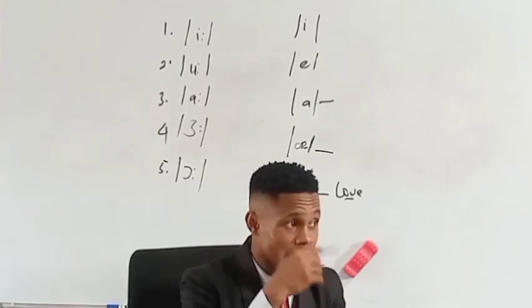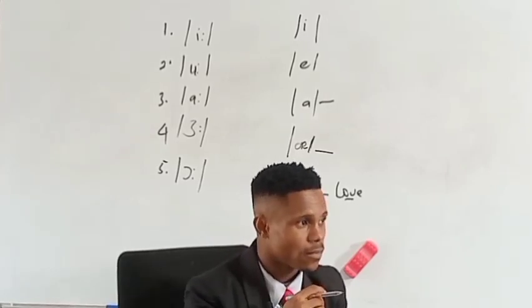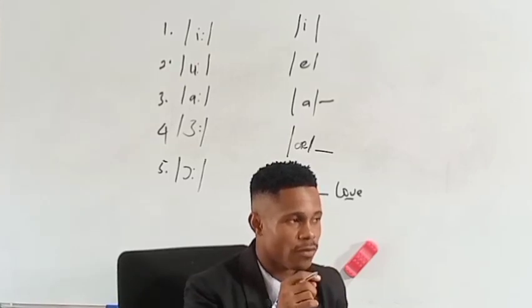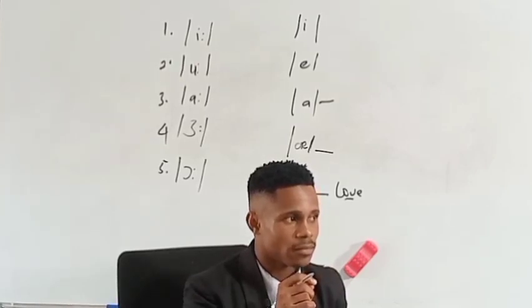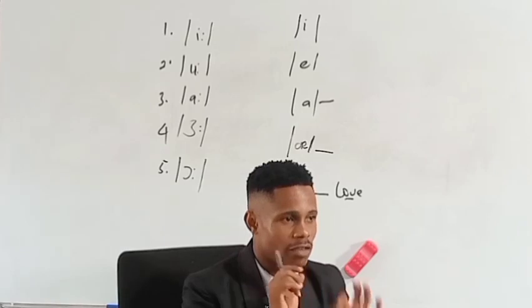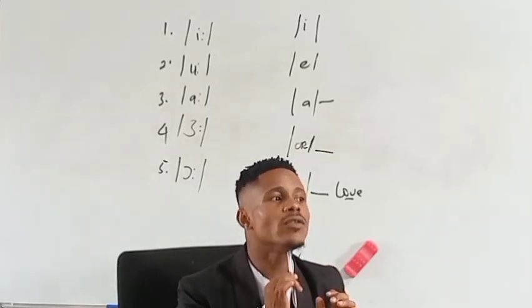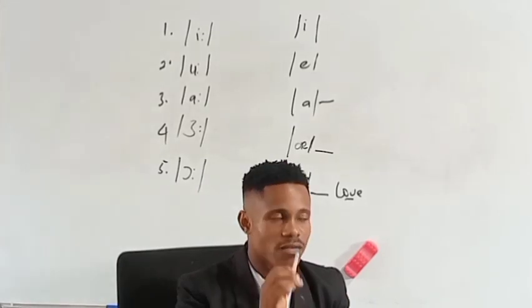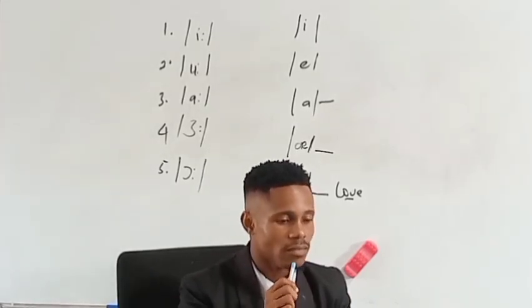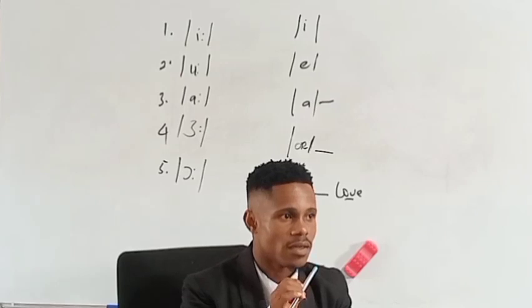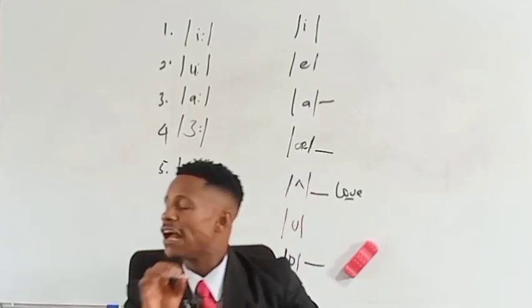Oh, sorry, tongue. E is different from A. A. Now, as you are pronouncing A, you notice that there is a kind of work in the middle part here, a kind of A. E, A.